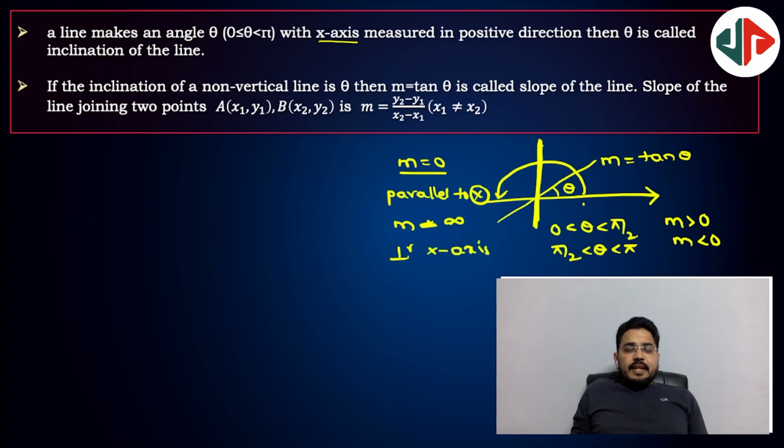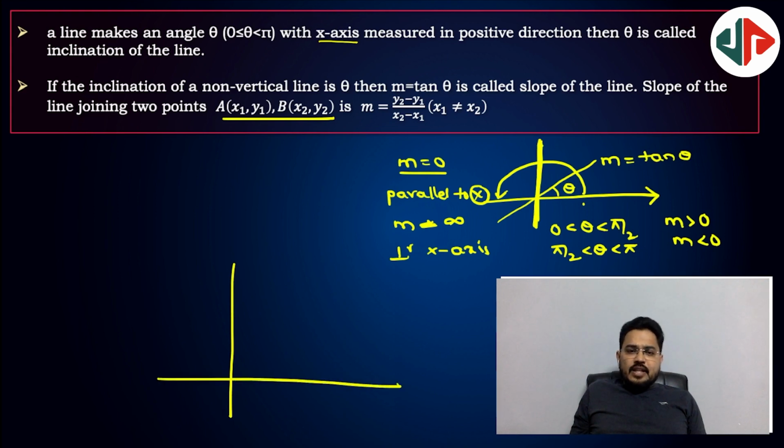Now with the help of this, we need to derive the slope of the line joining two points x1, y1 and x2, y2. Take this as the coordinate system. Here A is x1, y1, and here this is B, x2, y2. What is the slope of the line joining these?